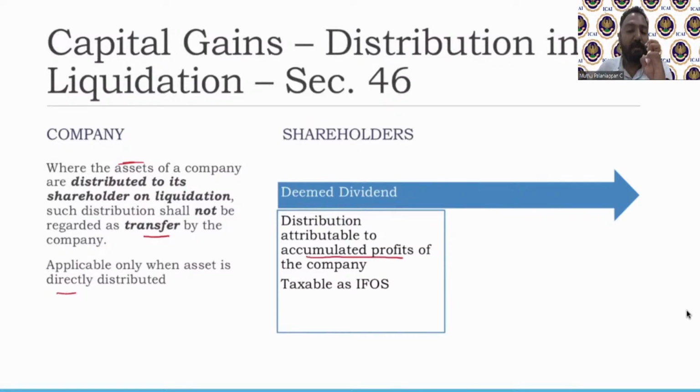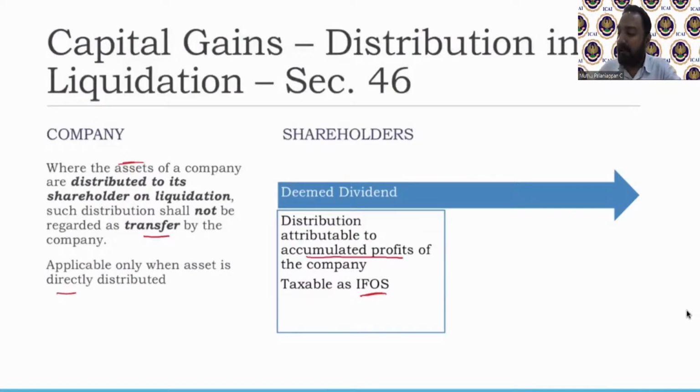That distribution will be taxable as income from other sources. Why? It's a very simple reason: any distribution from profit is dividend.